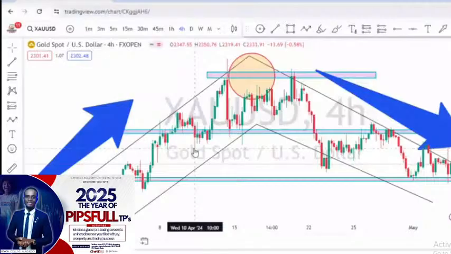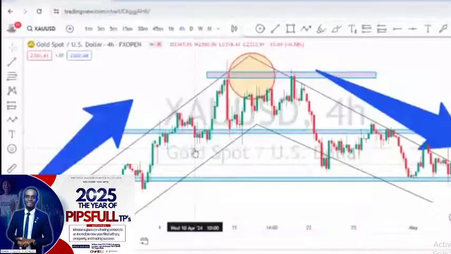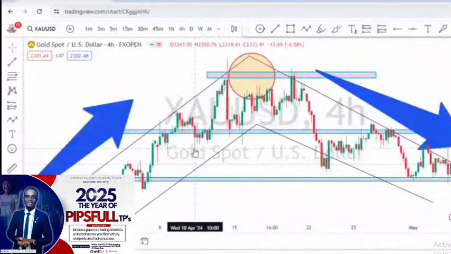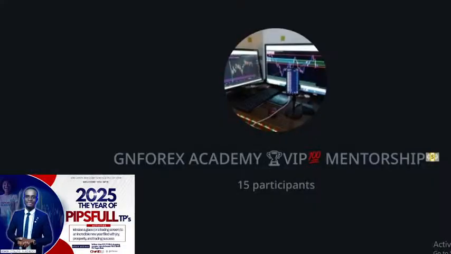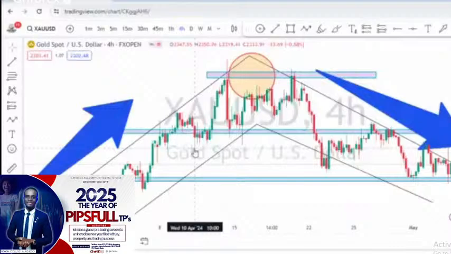So here at the GFOREX community, we trade with a particular strategy called price action strategy. And the meaning of price action is understanding the candlesticks information. Price action means you to be able to understand the candlestick.